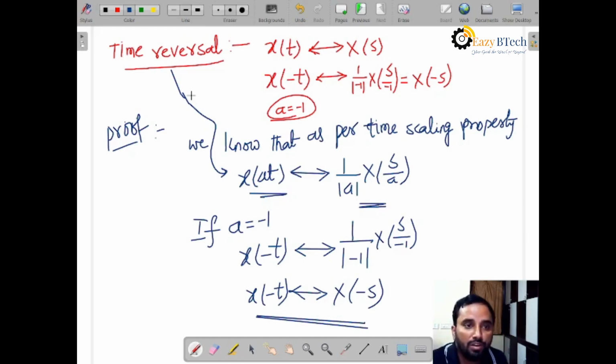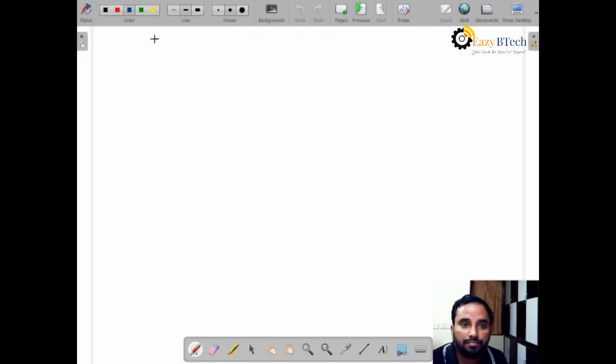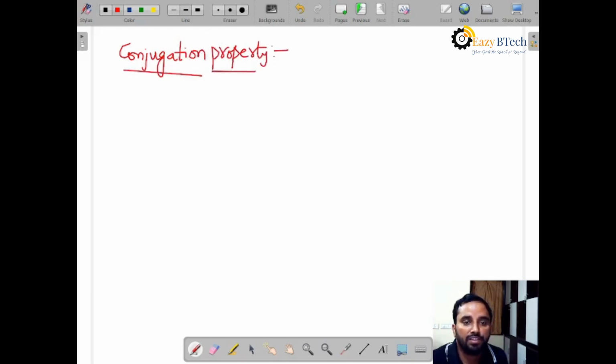The next property, conjugation property. See the definition first, then we can do the proof.